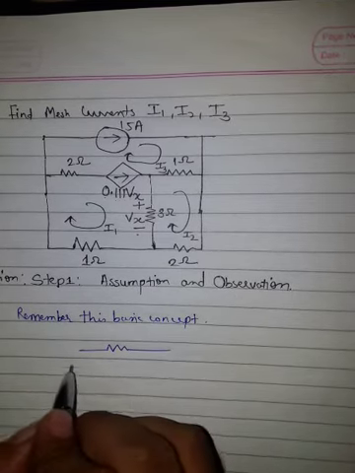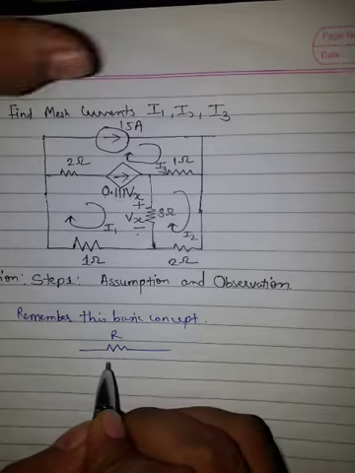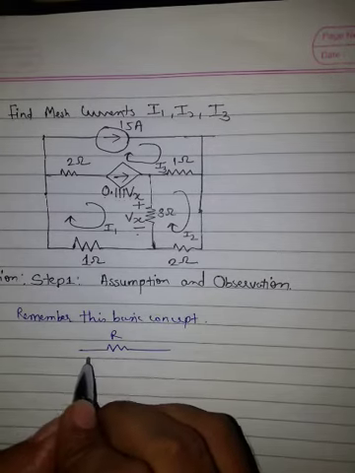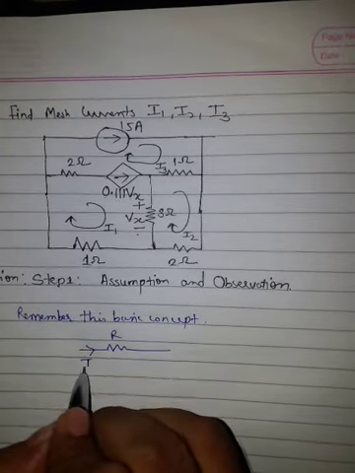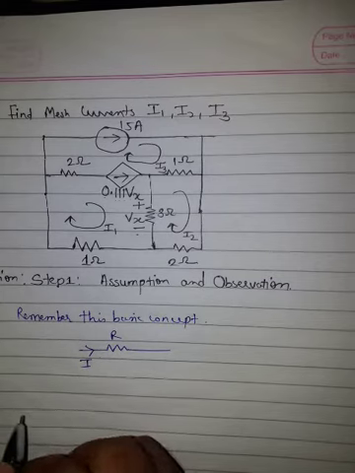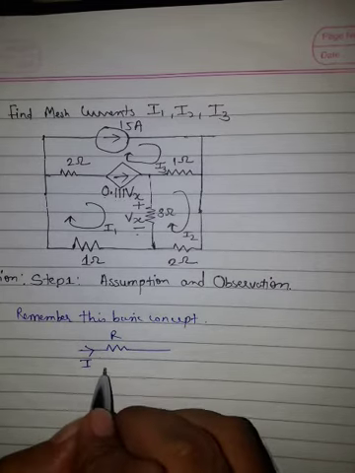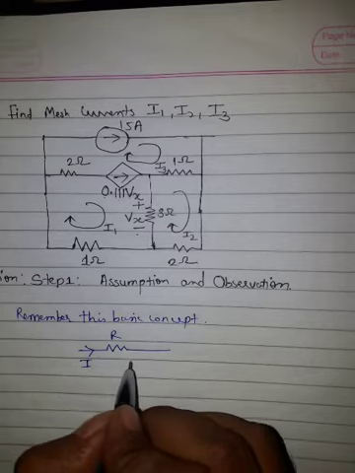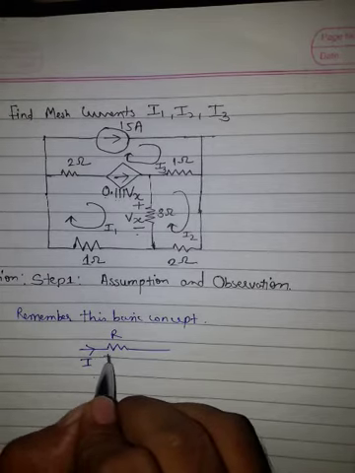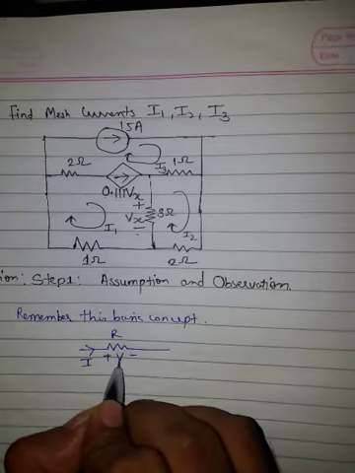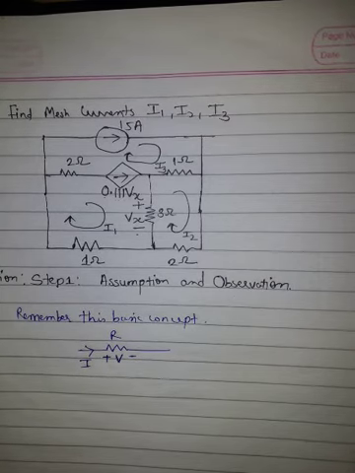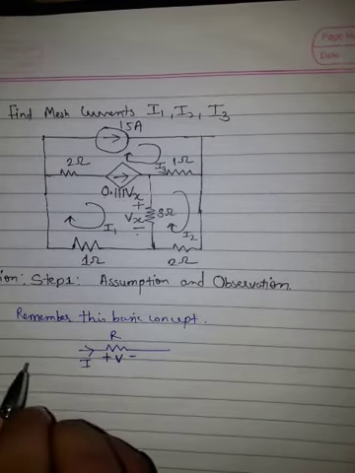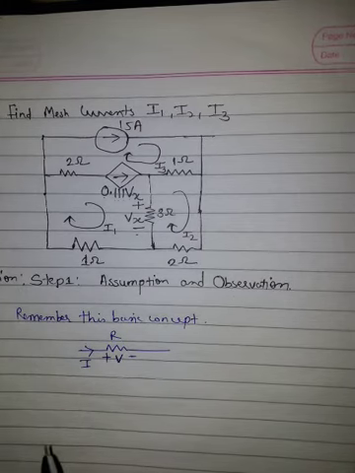Let's say this is a resistor R, and if current I is flowing in this direction through the resistor, then there is a voltage drop across this resistor R having a polarity positive and negative, since current is flowing in this direction.